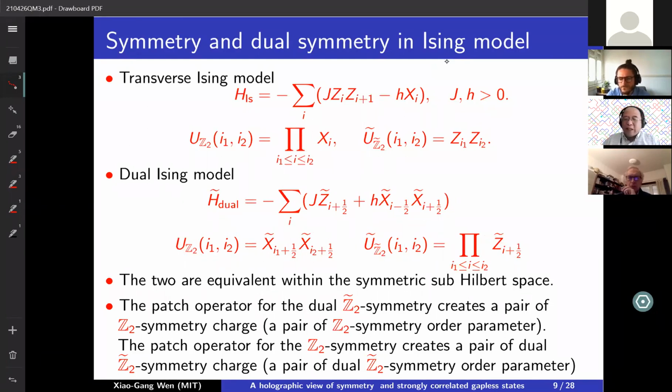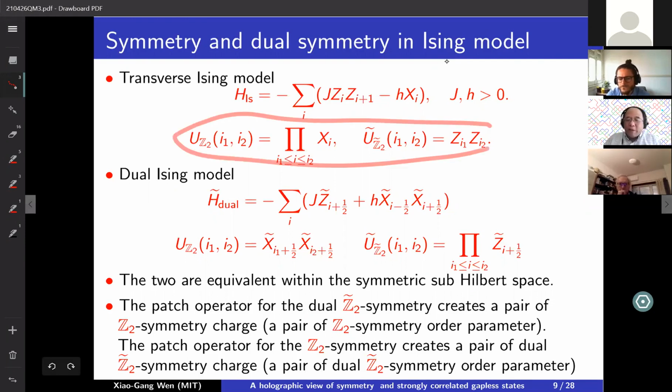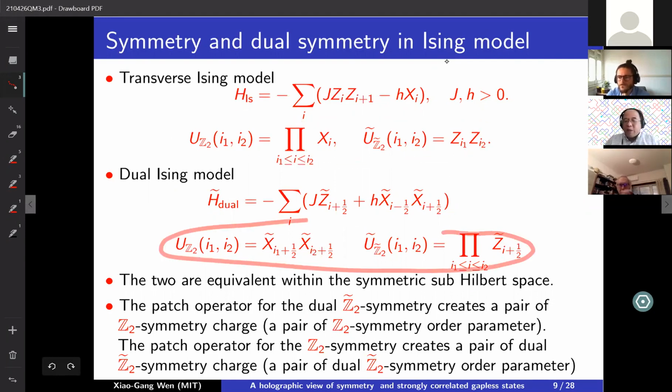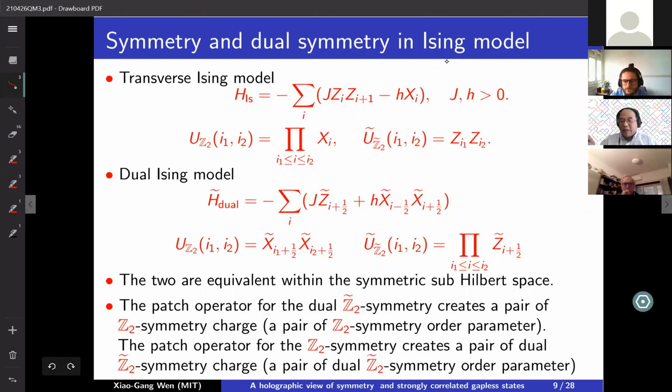Basically, these two sets of operators, the commutant, are the same operator algebra, so they really define the same thing. But it is a very different way to view these two symmetries.